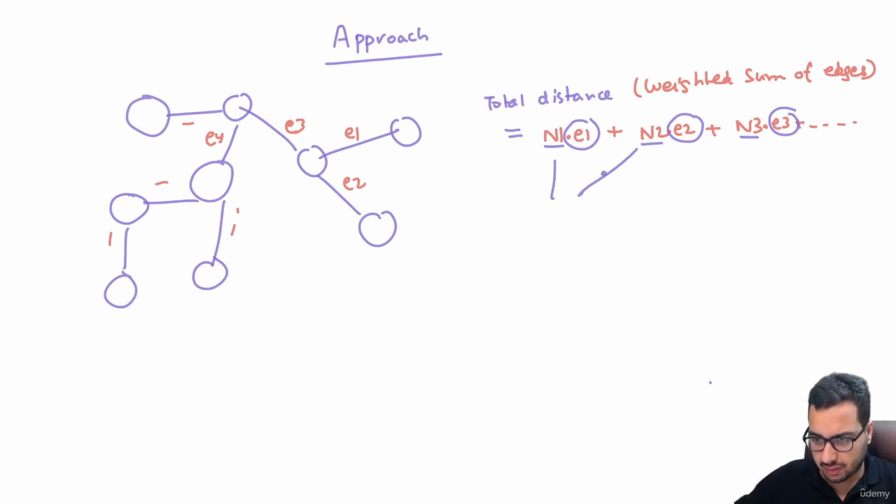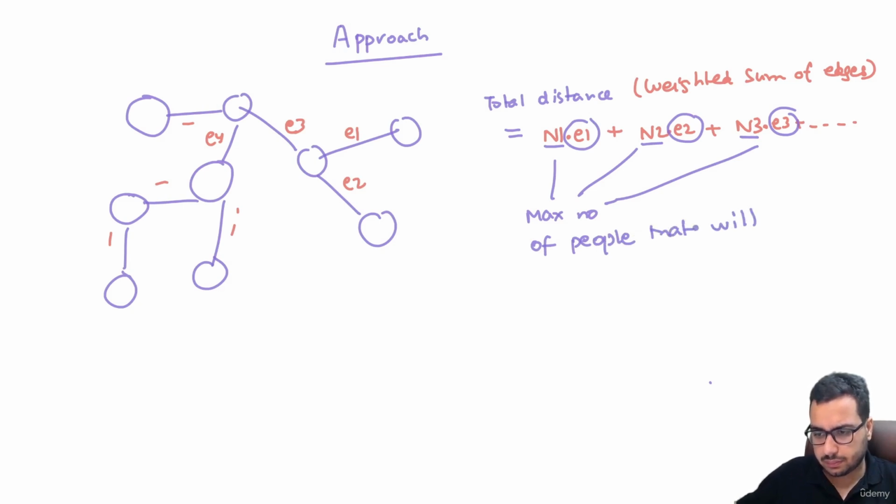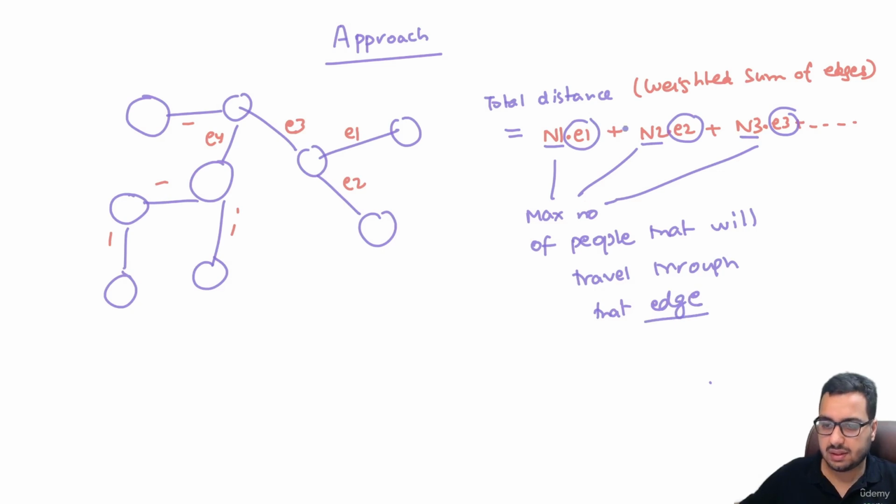So these n1, n2, n3 should be equal to the maximum number of people that will travel through that edge, so if we are able to find out what is the maximum number of people that will travel through that edge, we can easily find our answer by taking this weighted sum.